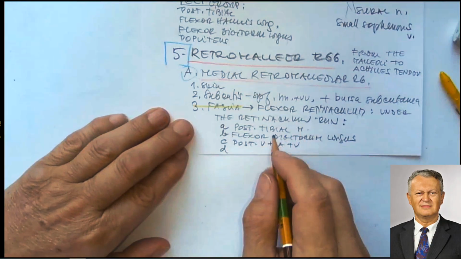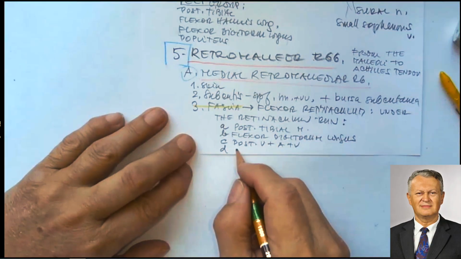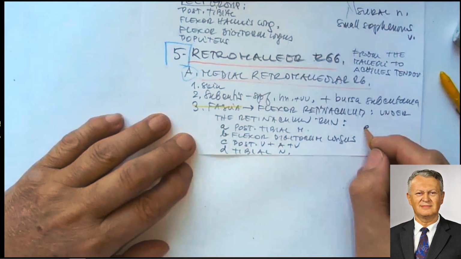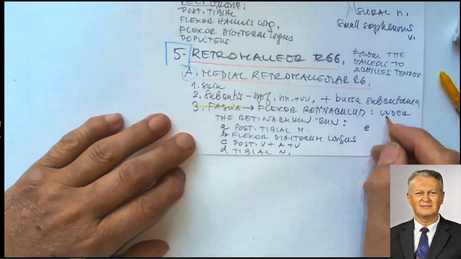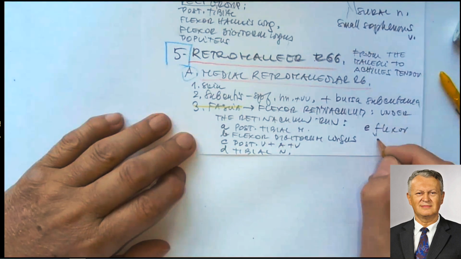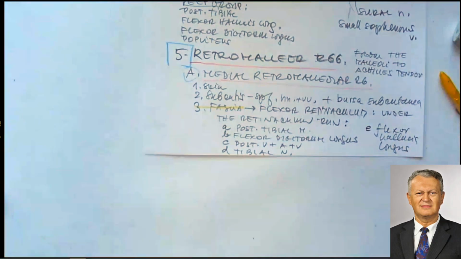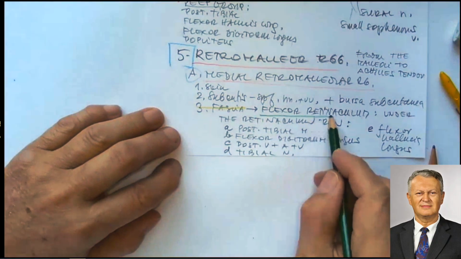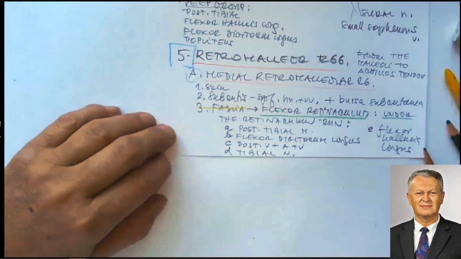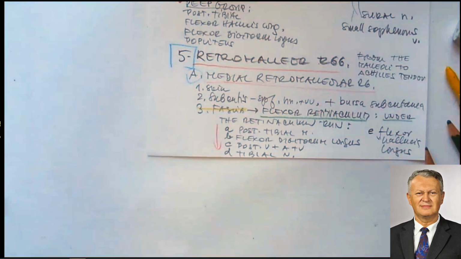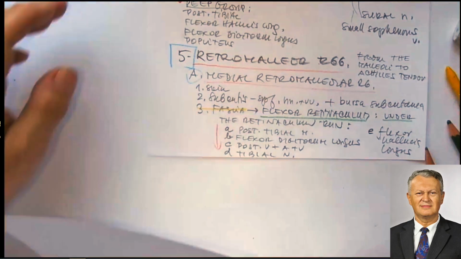Then the tibial nerve, and E must be flexor hallucis longus, the most posterior. So we have all the structures which run under the flexor retinaculum, and we see them on the simple sketch on the following diagram.